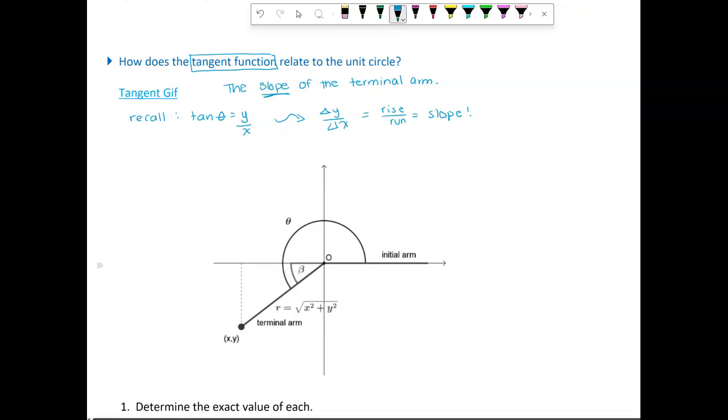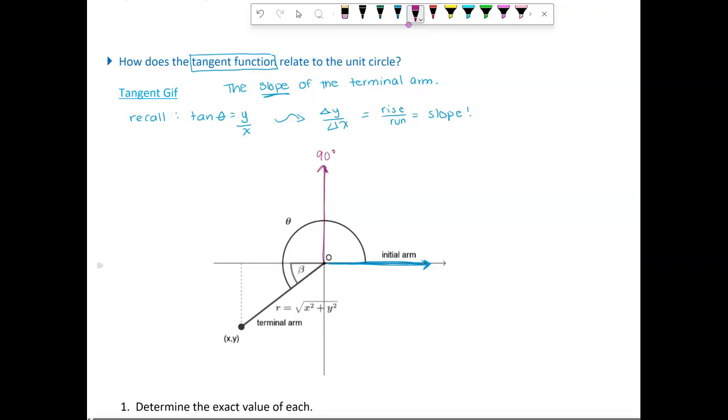When we talk about slope at this initial arm, the tan value would be 0 because the slope would be 0. But then as it moves up around the circle, it'll start gaining value. And then there's something interesting that happens when the terminal arm is at 90 degrees here.